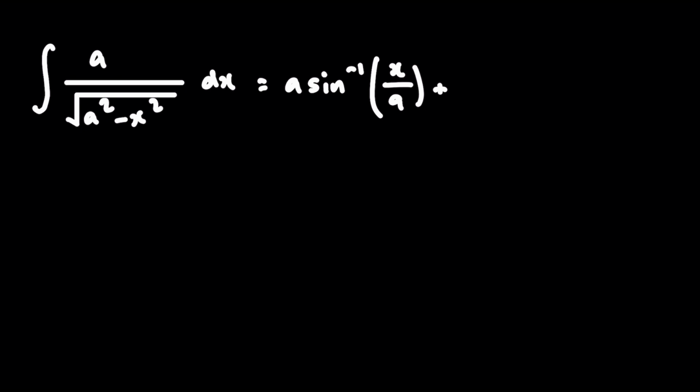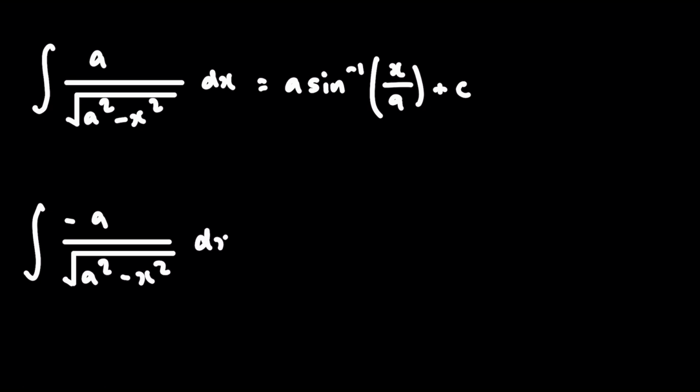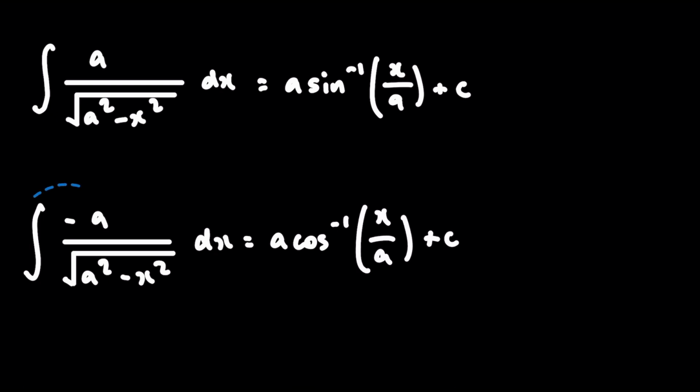I'll make another video on how to derive this, but for now just write this down and commit it to memory. If I have the integral of minus a divided by the square root of a squared take x squared, that's equal to a times the cosine inverse of x over a plus c.